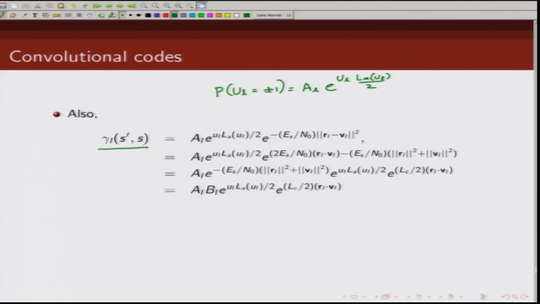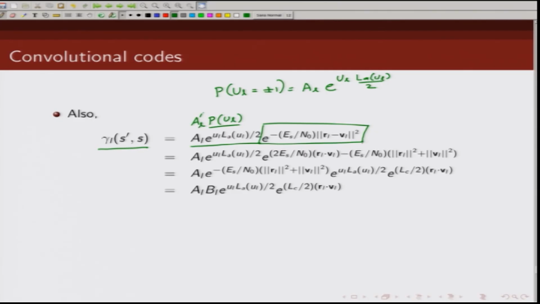Now, if you recall, we had written the expression for the branch metric as the a priori probability of u_l, and then for the AWGN channel we had this expression, and of course there was some constant factor which did not depend on u_l. So what we did just now was derive that this a priori probability can be written in this particular fashion. Now let us further simplify the expression for the branch metric.